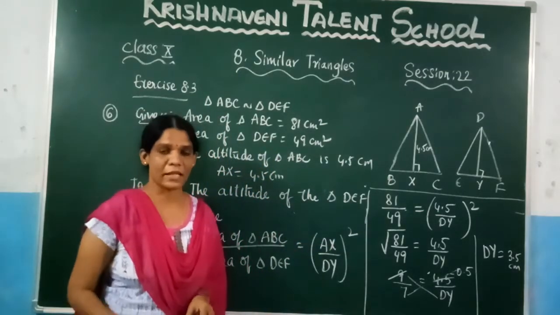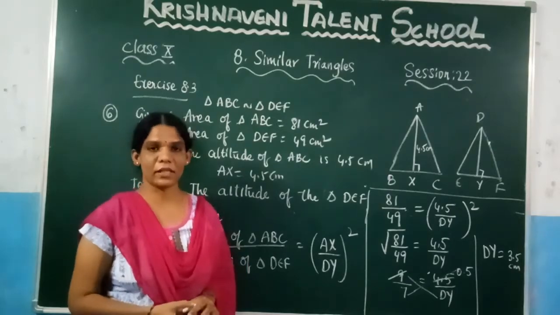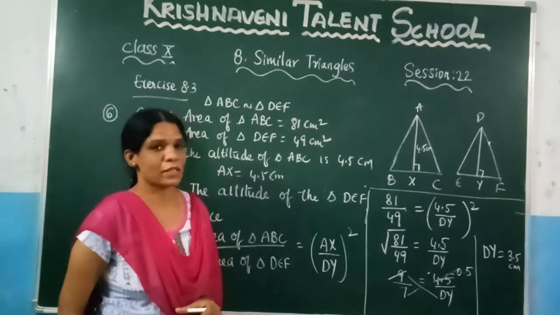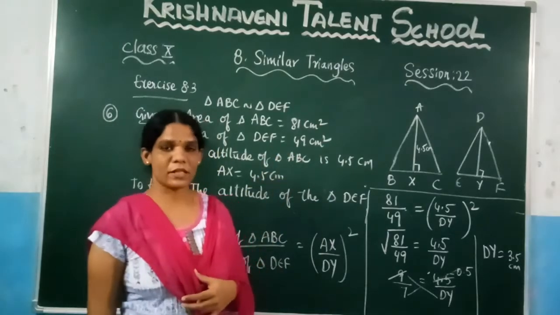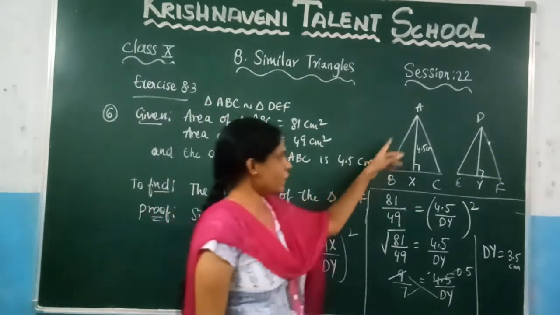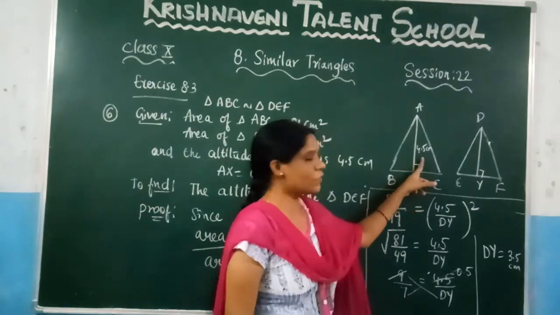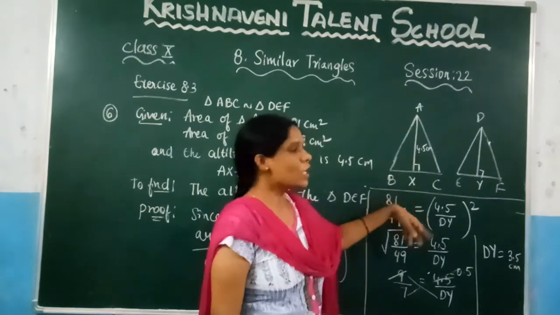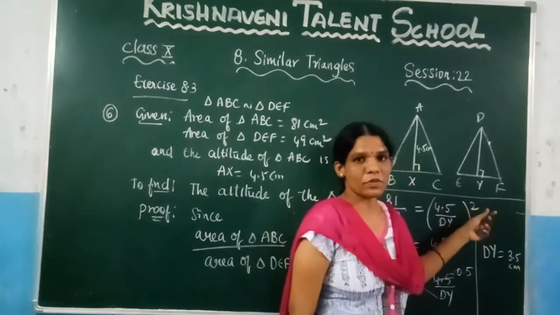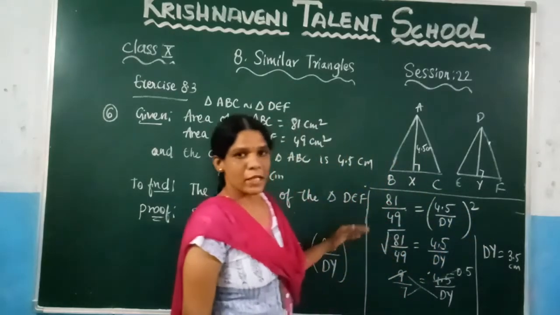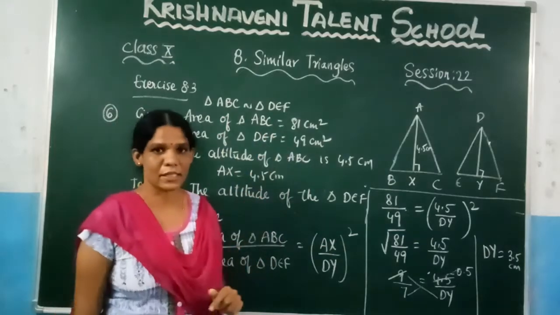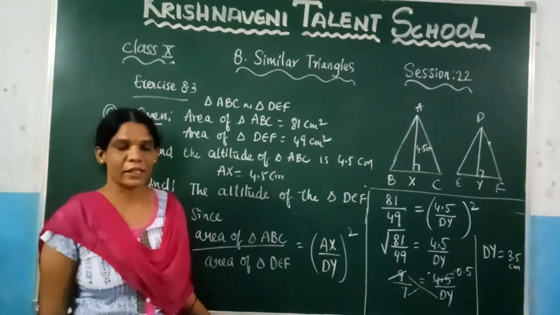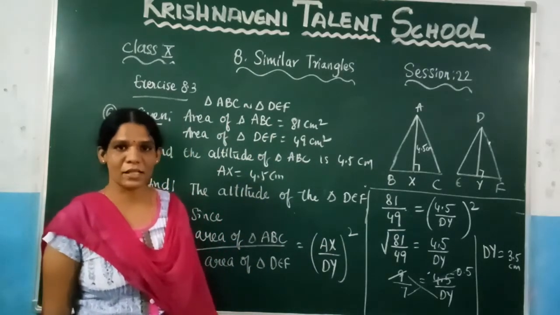So what is the problem they have given here? They have given here the areas of the two similar triangles as 81 and 49 centimeters squared respectively, and they have given here the altitude of the bigger triangle, which is 4.5 centimeters. You need to find the altitude of the smaller triangle, and since in the question they have given that these two triangles are similar, you can apply here the areas of the similar triangles theorem.